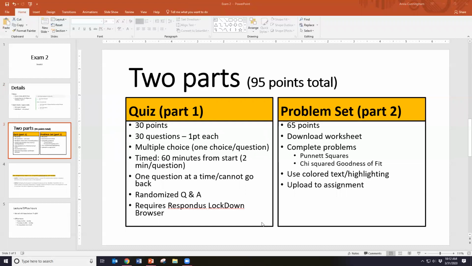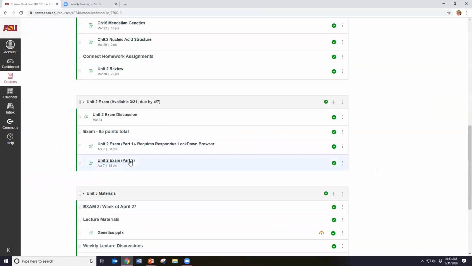We didn't talk about this in class because I want you to learn it through the activity. When you complete the worksheet, I want you to use colored text or highlighting just so that your answers are very apparent. And then you will upload it to this assignment.